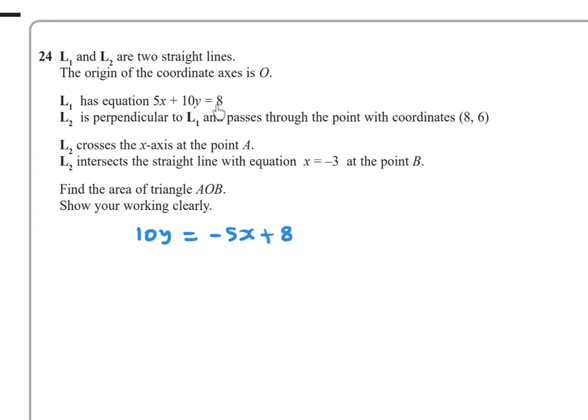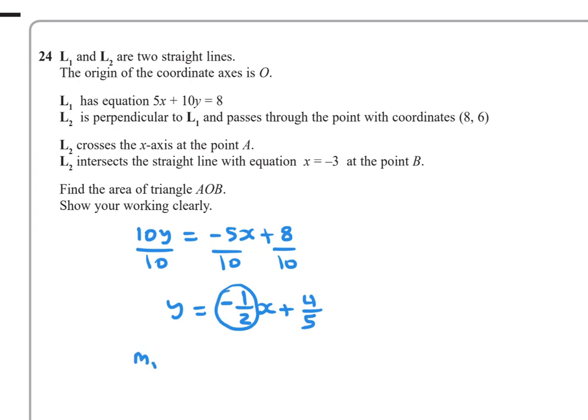Transpose 5x to the other side by negative. Then divide by 10. So y equals negative 5 over 10, or negative half, x plus 8 over 10, or you can simplify to 4 over 5. So the gradient of L1 equals negative half.